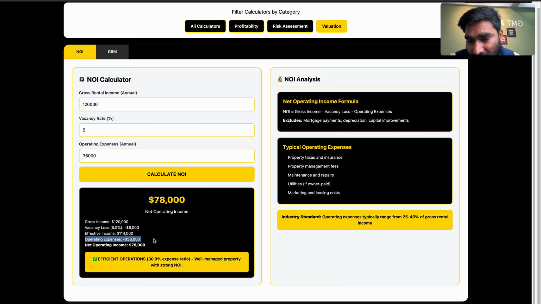In this case, the expense ratio is at 30%. It means this is a well-managed property with a strong net operating income. The property has lower expenses against the income, and this is what we'll call a good investment.